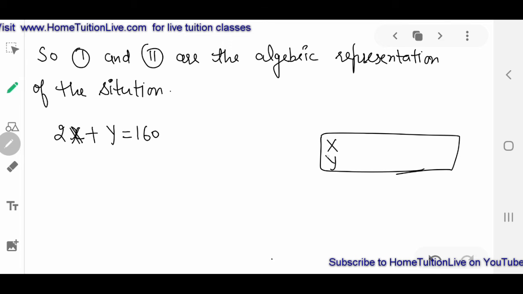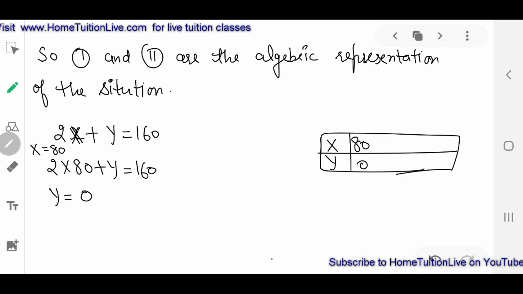x, y. Let's say x is 80. 2 into 80 plus y equals 160, then y becomes 0. Now for x equal to 60: 2 into 60 plus y is equal to 160, then y becomes 40.